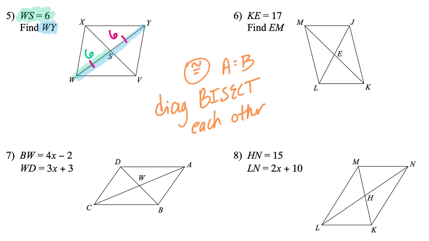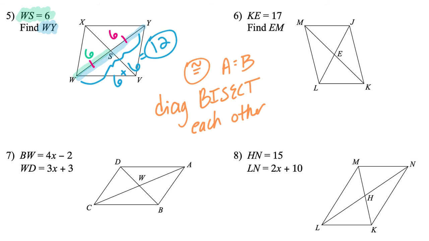So when I want to find the length of WY, that means I'm going to be looking at the sum of those, so that would be 12. Not all of these are going to have us having to take the sum of the two halves of the diagonal, but you're going to see a few different ways that these problems could be set up.